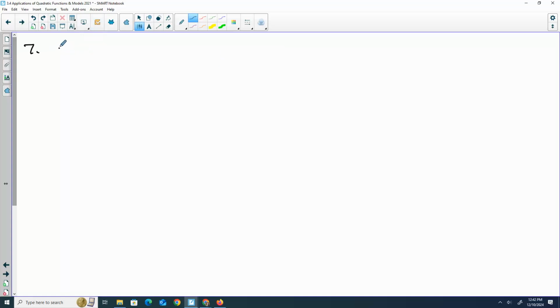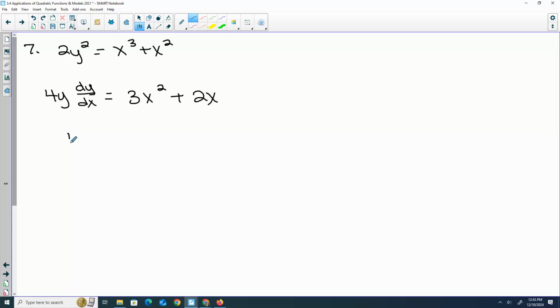So we have 2y squared equals x cubed plus x squared. And I want the second derivative again. So derivative of 2y squared, derivative of x cubed, 3x squared, plus derivative of x squared is 2x.